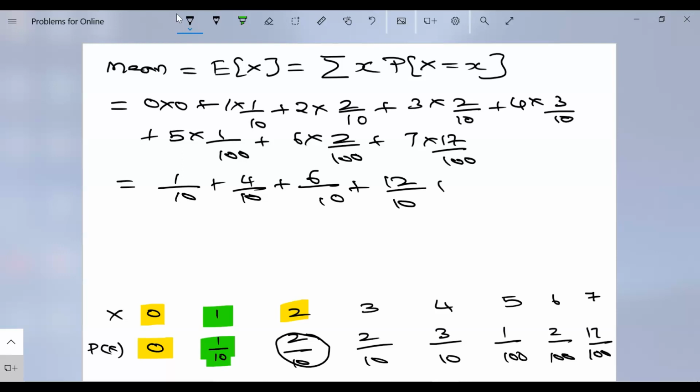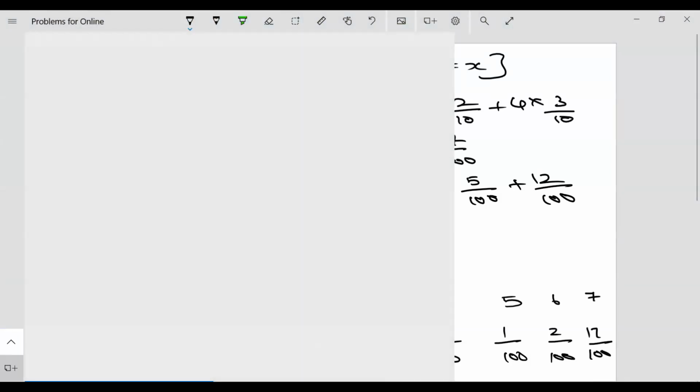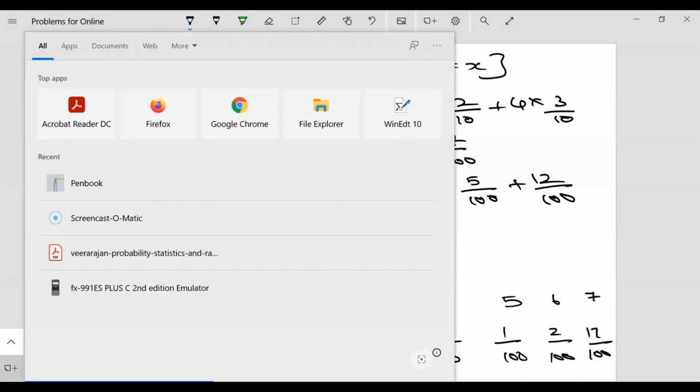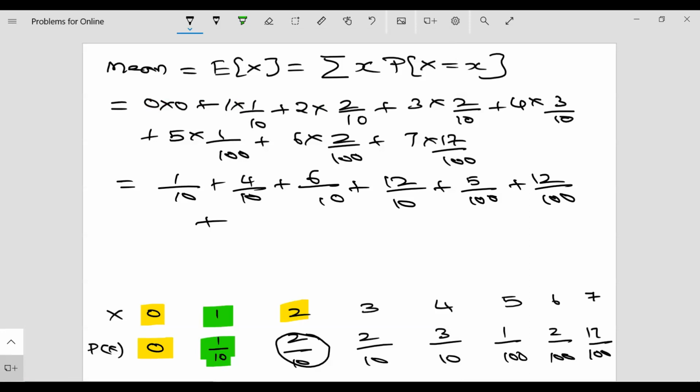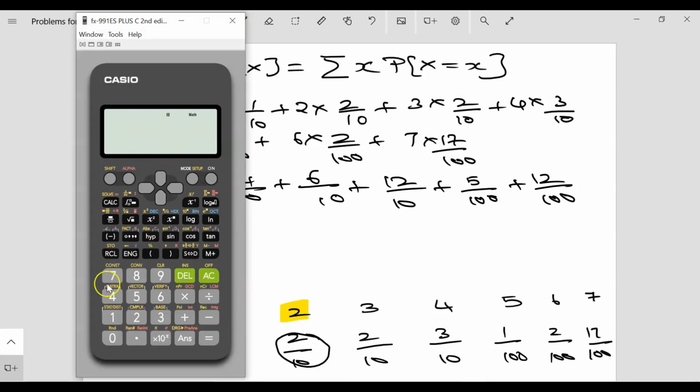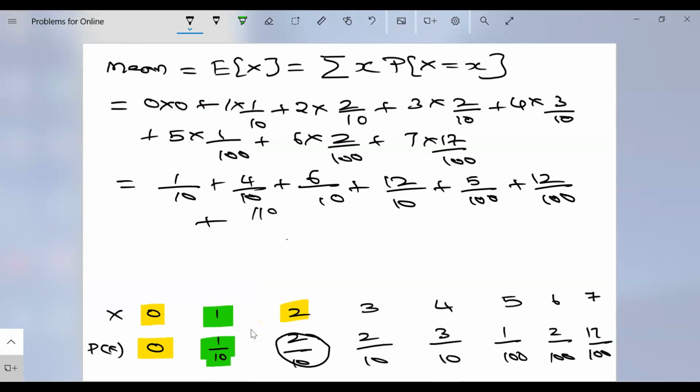Plus 5 by 100. Next, 12 by 100. Next, 17 multiplies 7. Let me check it. Okay, 17 multiplies 7, I get 119. Let me write it, 119 by 100. This is what I get.